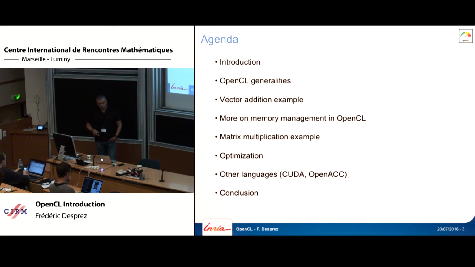I will give you a bigger example using matrix multiplication and the way it can be optimized on this kind of language. I will give you some information about how to optimize OpenCL applications in general, and I'll give you some comparison with CUDA or OpenACC before a conclusion.